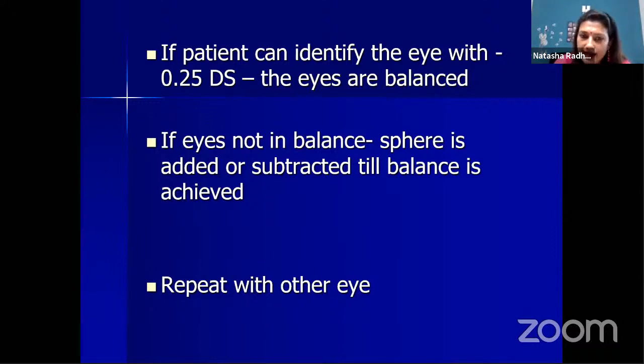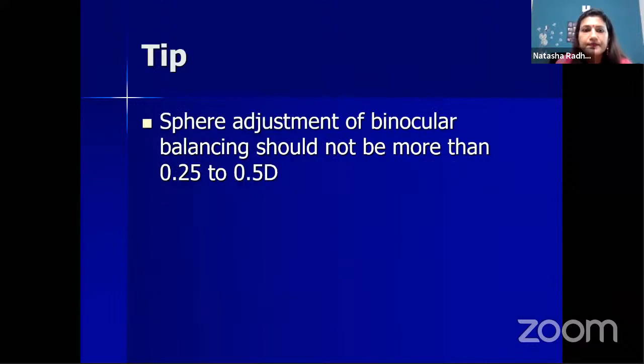Then you have to either add sphere or subtract sphere until the balance is achieved binocularly. And if the patient can identify the eye where the 0.25 is placed, then the eyes are balanced. Binocular balancing should not go beyond 0.25 or 0.5 difference, not more than that.